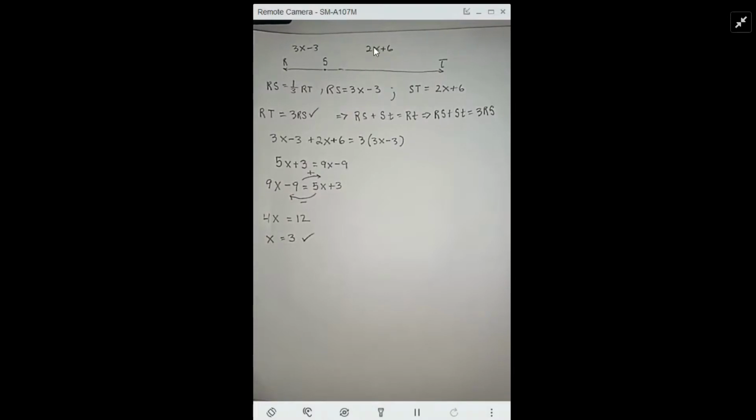What was this? 2 times 3, 6 plus 6, 12. 3 times 3, 9, minus 3, 6, plus 12, 18. And so this is 3 times 3, 9, minus 3, 6, times 3, 18.